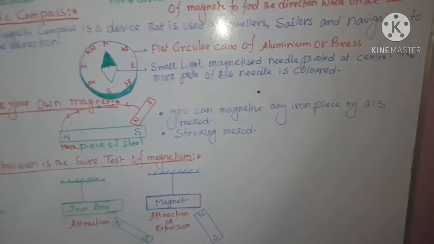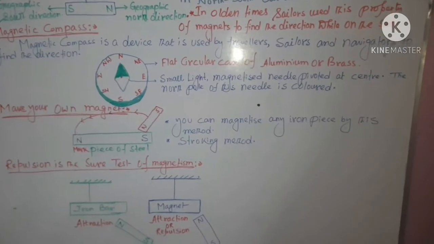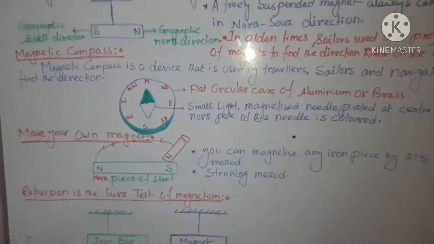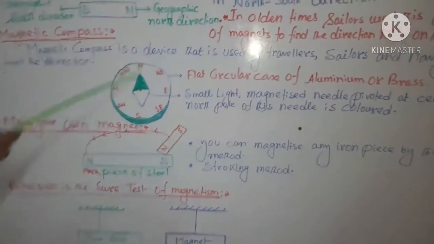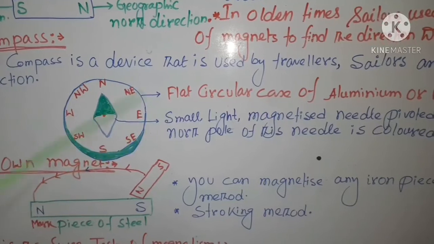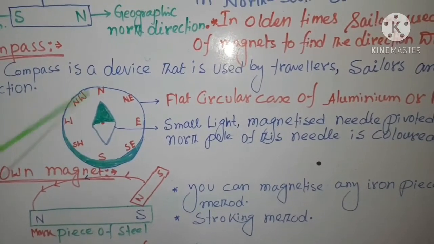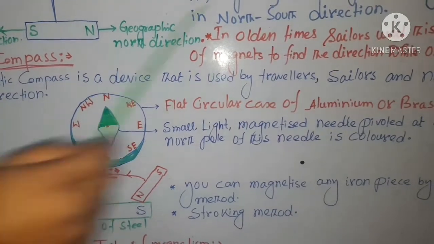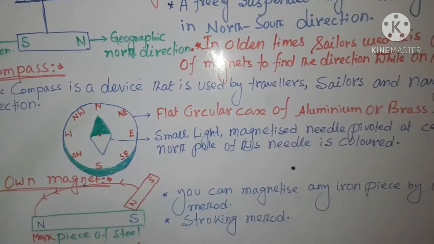On the base of the circular case of the magnetic compass, some directions are marked, namely north, south, east, west, northeast, southeast, southwest and northwest. So this is the construction of the magnetic compass.